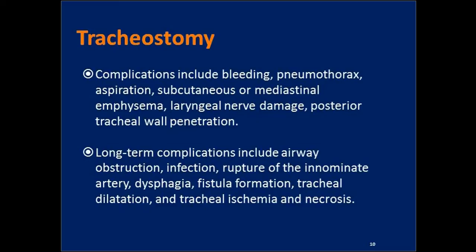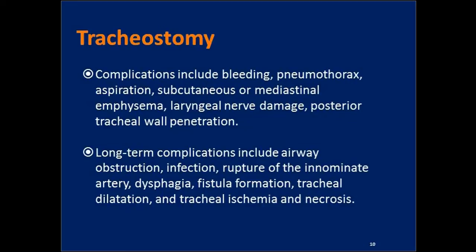Tracheal dilation: over time, the trach is held in place by a cuff just like an ET tube is. And remember, a tracheostomy is for long-term mechanical ventilation, so this patient is going to have this cuff inflated over a long period of time. As that happens, the tracheal tissues will dilate or enlarge, and it requires more and more air in that cuff to hold the trach in place.